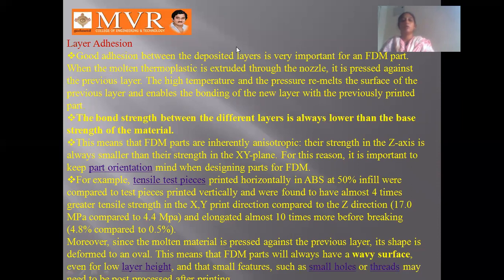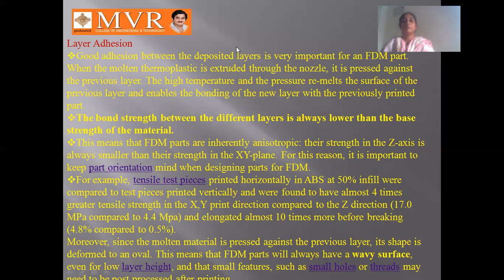The bond strength between the layers is always lower than the base strength of the material. This means that FDM parts are inherently anisotropic. Their strength in the z-axis is always smaller than their strength in the XY plane. For this reason, it is important to keep part orientation in mind when designing parts for FDM.